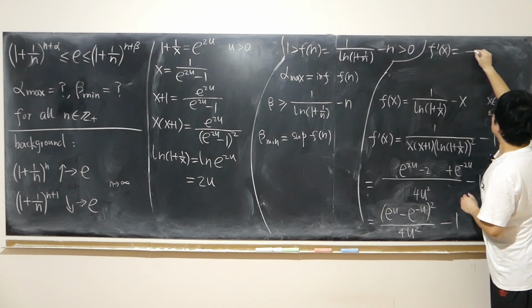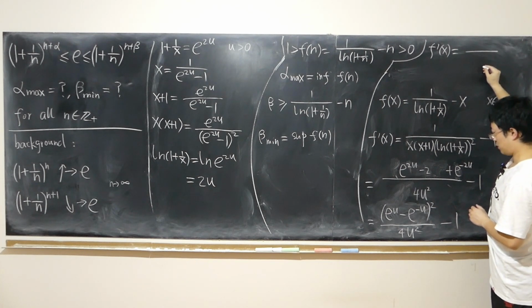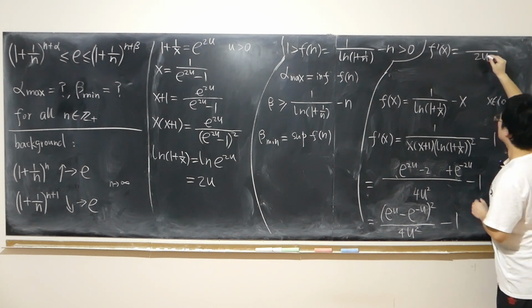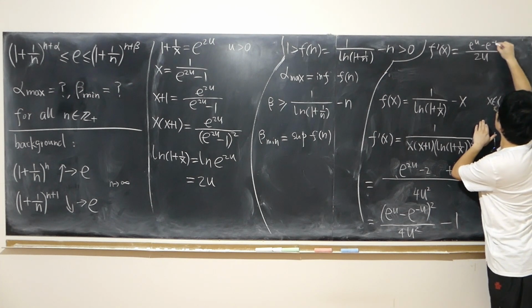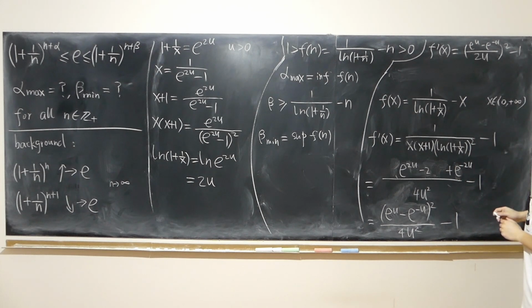Half u squared... 2u times e to the u minus e to the negative u, quantity squared, then minus 1. Right?